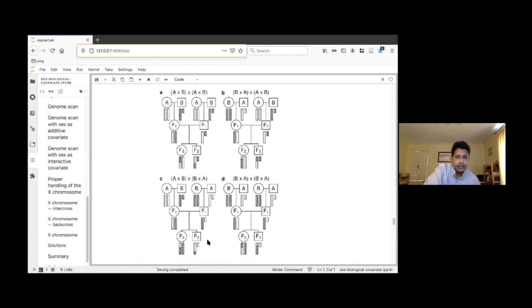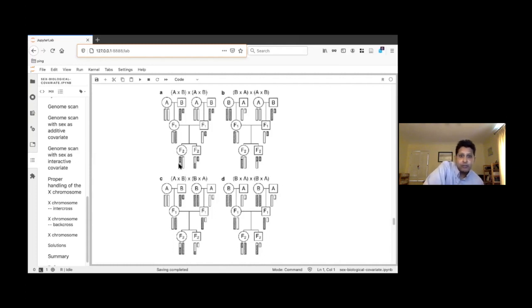Now notice a few things. First is that for the females, all the females have one recombinant chromosome. In other words, it does not look like a regular autosome. The second thing is that for females, it kind of looks like a backcross in some way.